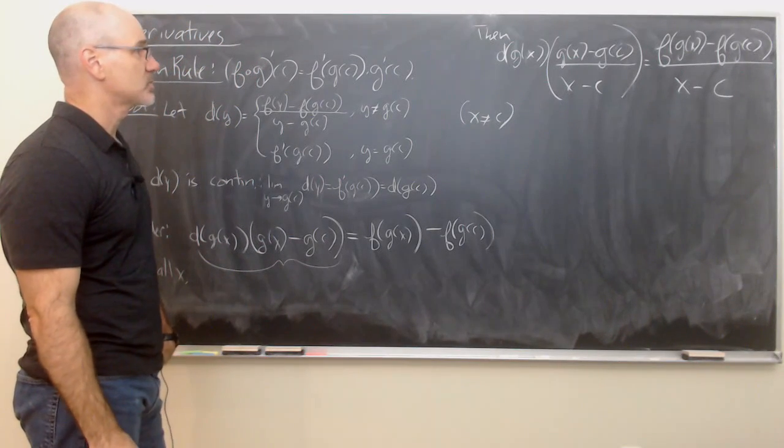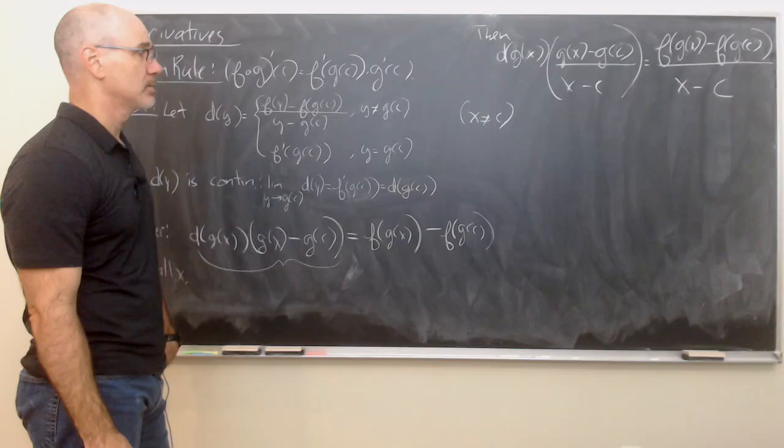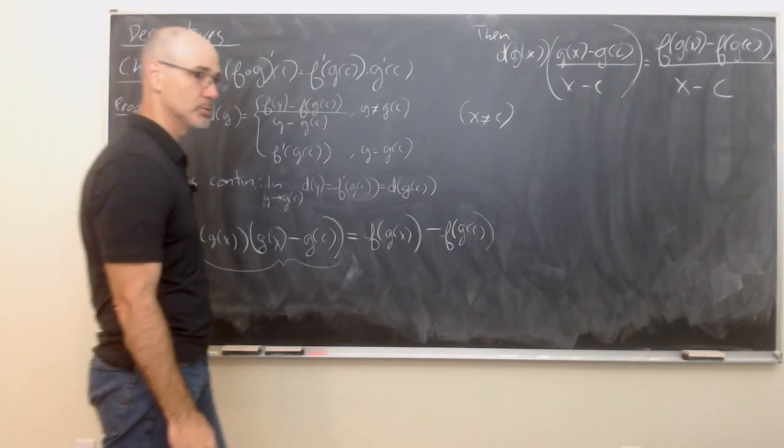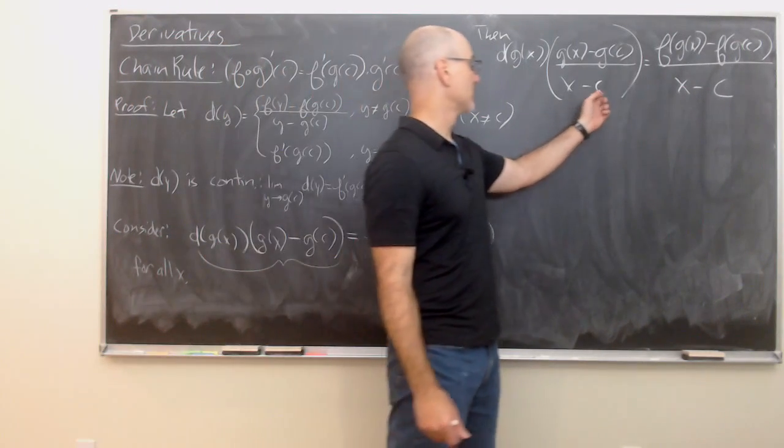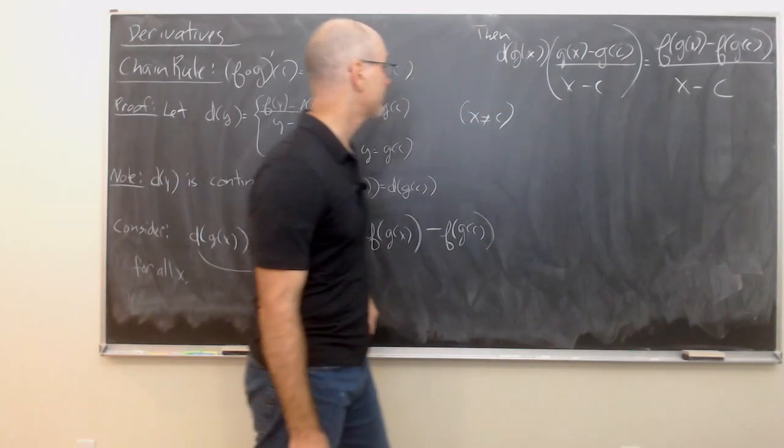So you might sort of see what's happening now. Just like in our proof of the quotient rule, I'm arranging for the derivatives I need to appear on both the left and the right.